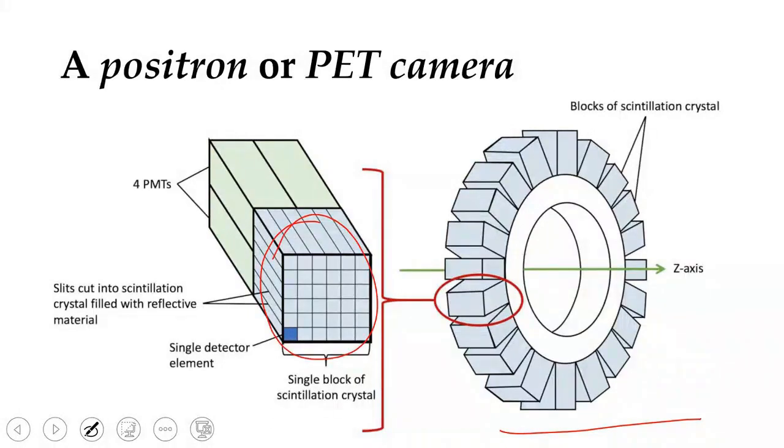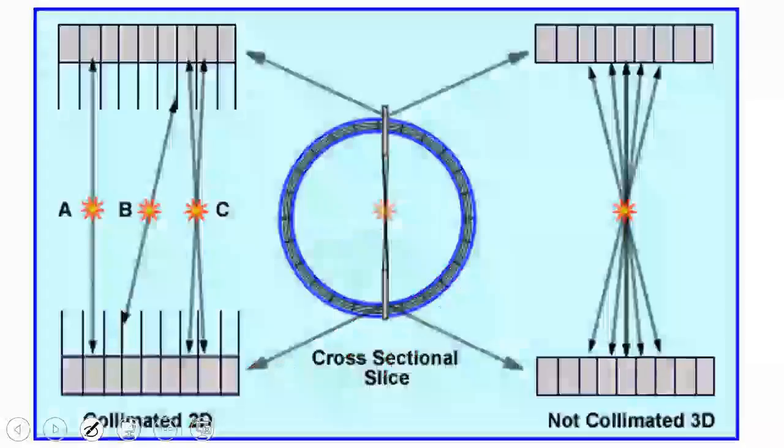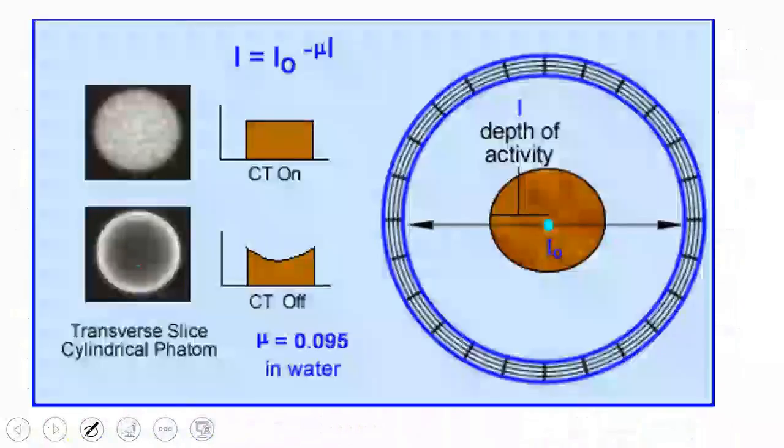And around it, there are 4 photomultiplier tubes. So this is the block for you. And this arrangement is the arrangement of the ring. You might have machines with 1 ring, 2 rings, 3 rings, or 4 rings. The larger these rings are, look at how the view will be.